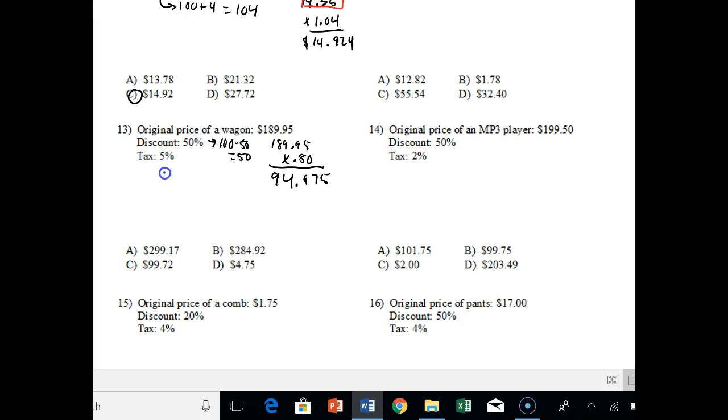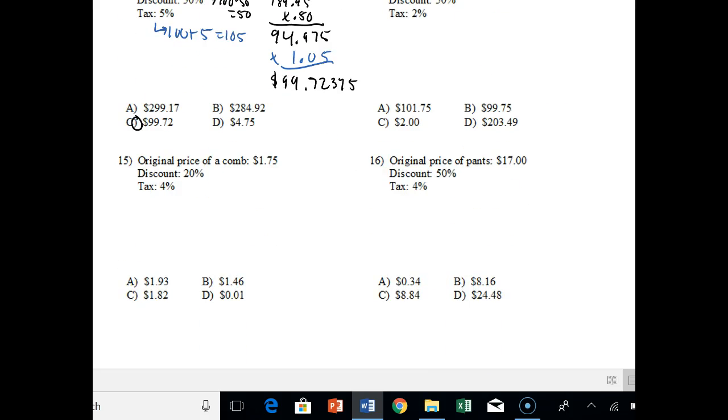And then my tax is on top of that. I have to pay of that price 105%. So times 1.05. So that number times 1.05 gives me $99.72375, right? So $99.72.